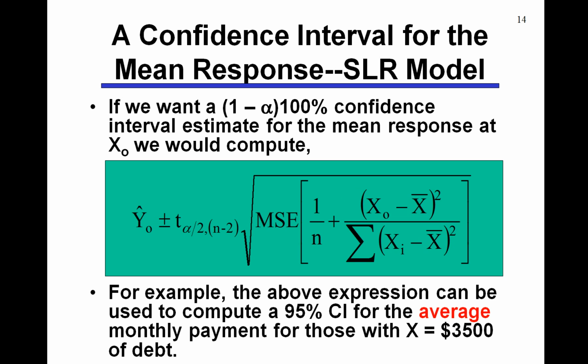That is the variance of y0 hat, or the standard deviation rather. And so we can again construct a confidence interval for the mean response using this notion that we've seen in our statistics course. For example, we might want to construct a 95% confidence interval for the mean monthly payment of those families that have $3,500 in debt, and I'll do that momentarily.